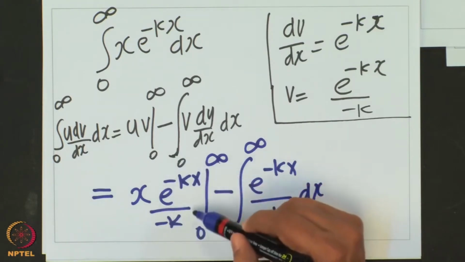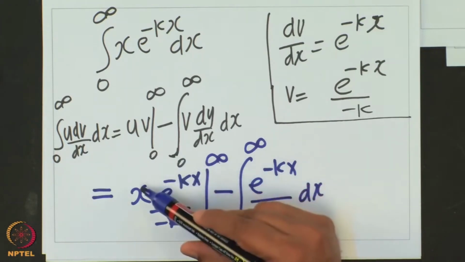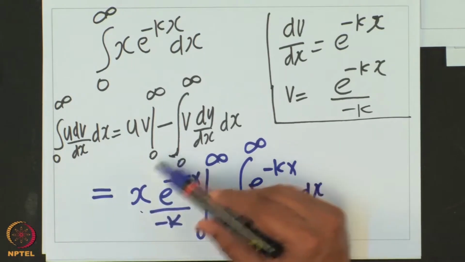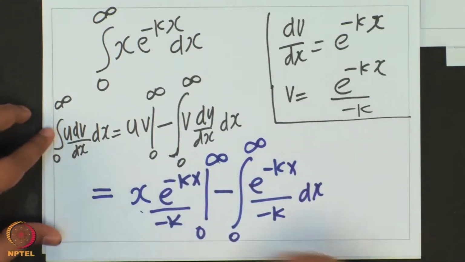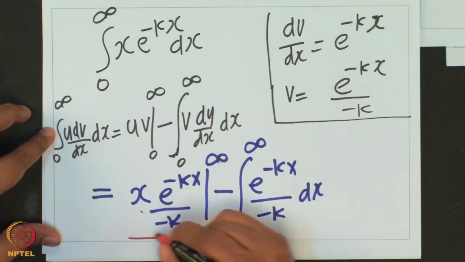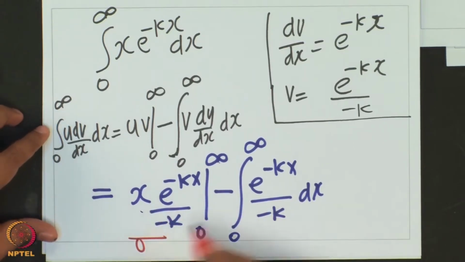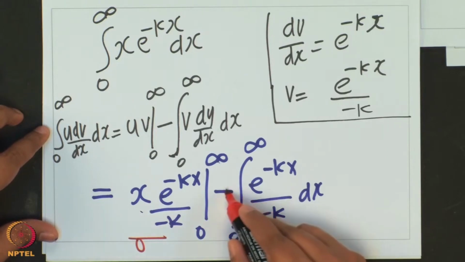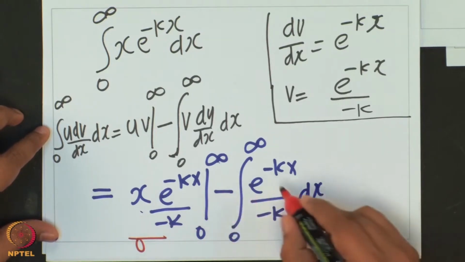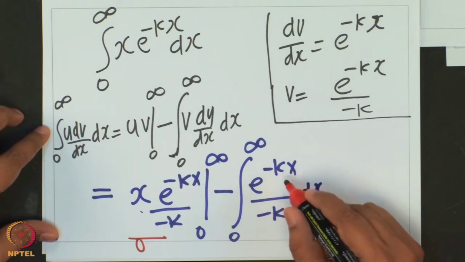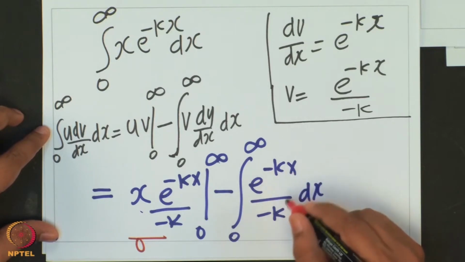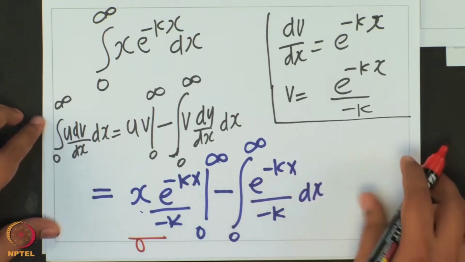And if I apply 0 here, e power 0 is 1, but this is multiplied by 0, so this will turn out to be 0. So this whole term will turn out to be 0. So 0 minus k, so this will give you plus, and e power minus kx by k would be the answer.